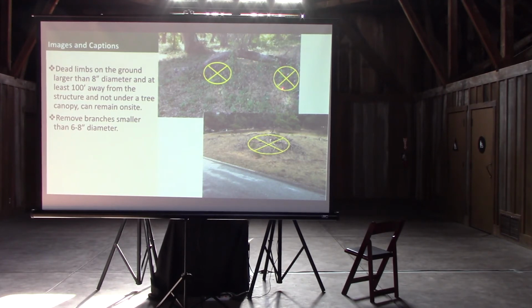But they can stay if we remove the small material associated with them, that material less than 8 inches, the little branches and such, and leave the limb when you can. Keep it at least 100 feet away from the structure, not under a tree, and it can remain. This is all material less than 8 inches. It's also in a driveway zone. We want to get rid of that kind of material. Always.